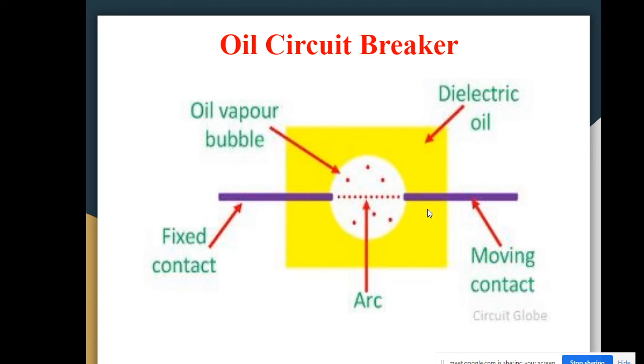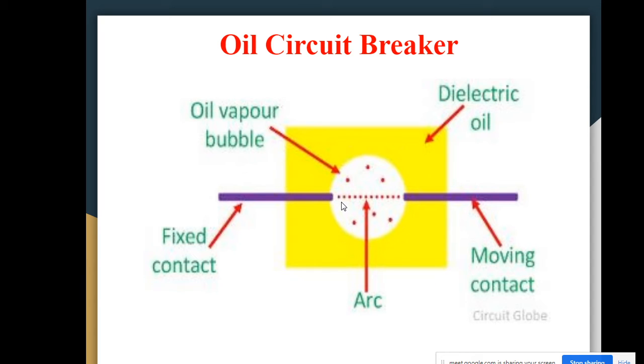So the first point you need to realize is that the heat produced by the arc will evaporate the oil which surrounds the contacts of the circuit breaker. The second point is that the oil dissociates and generates hydrogen gas, and this hydrogen gas occupies a volume which is 1,000 times more than that of the oil between the contacts.